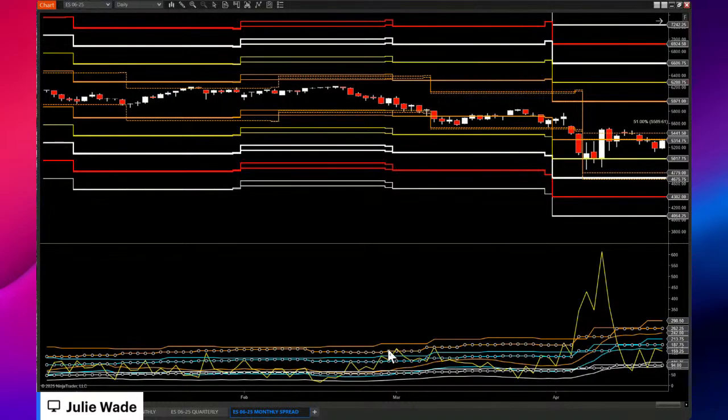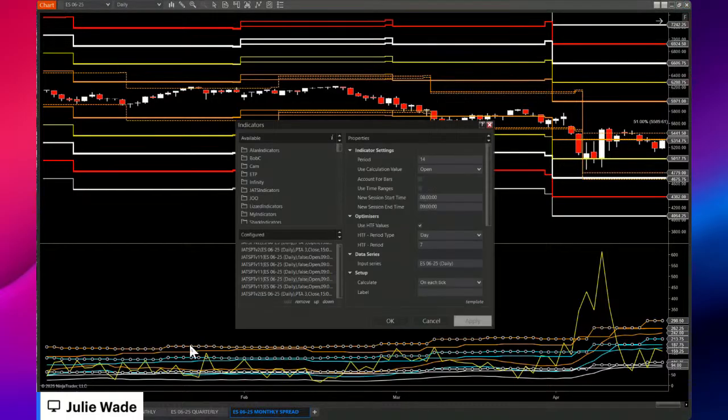It usually trades up to a monthly level. Look, 1, 2, 3, 4, touches that monthly level and comes back in. And look at this upper one up here. It never got touched for months and months and months.